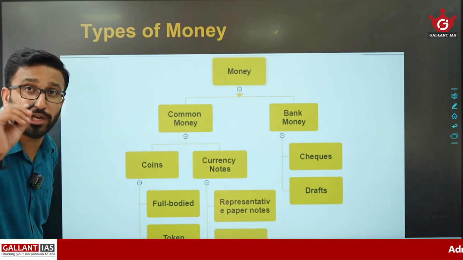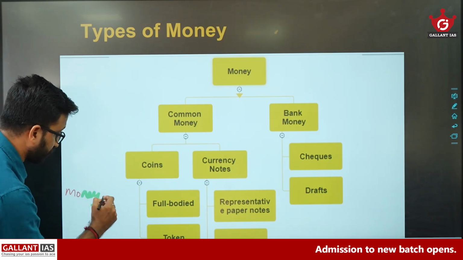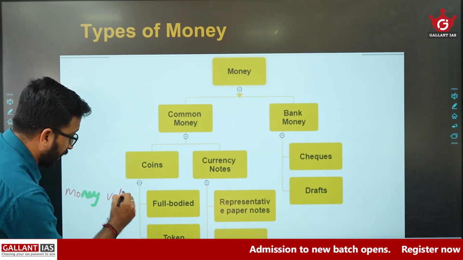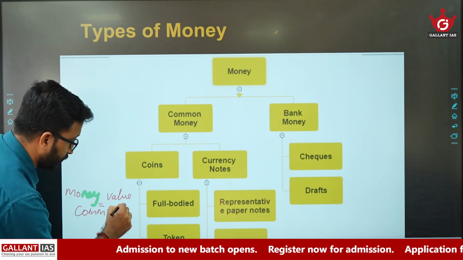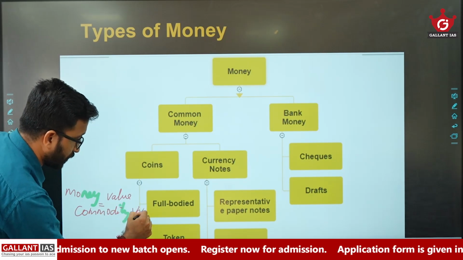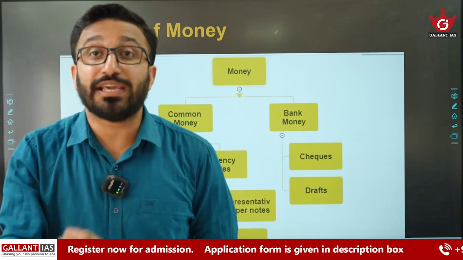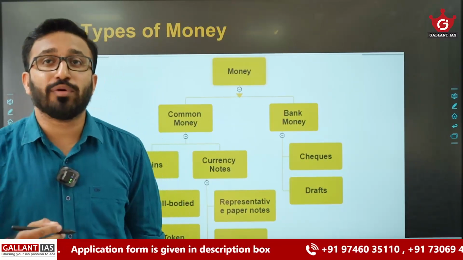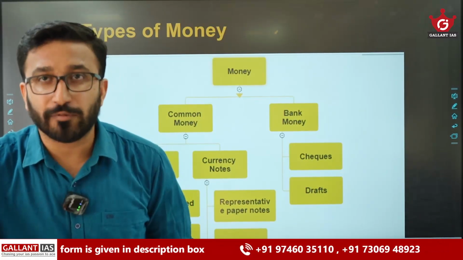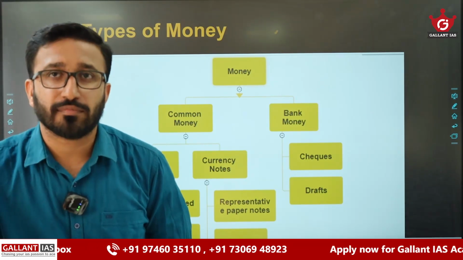For full bodied money, the money value will be equal to the commodity value. For example, suppose you will be making a copper coin of 10 rupees.